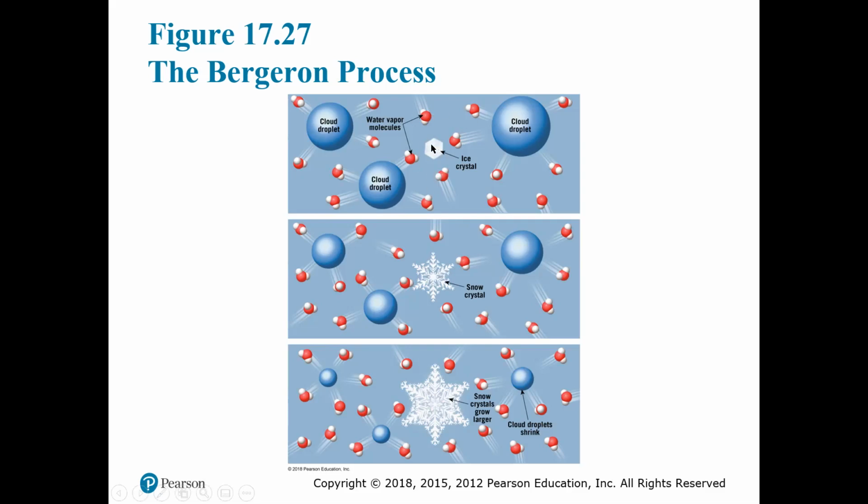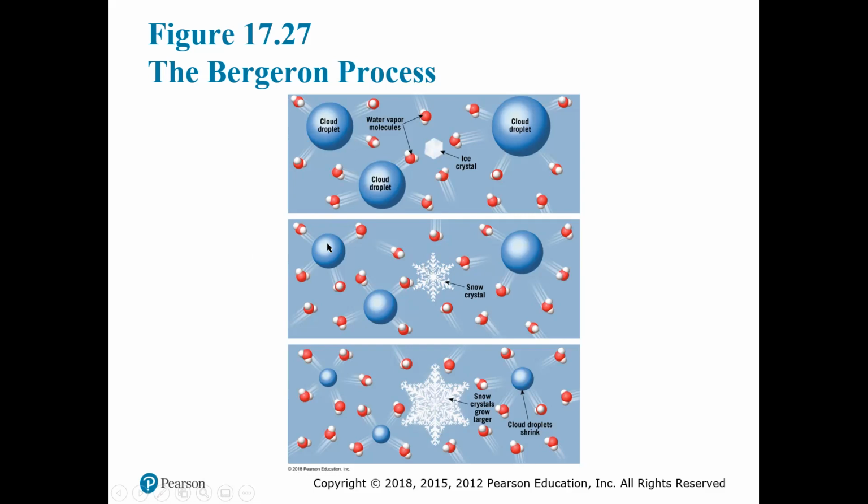So you've got this ice crystal that starts out this size, and then becomes what we refer to as snow, because these little water vapor molecules are going to be attracted to this ice crystal, and so it's going to start collecting them and growing larger and larger.